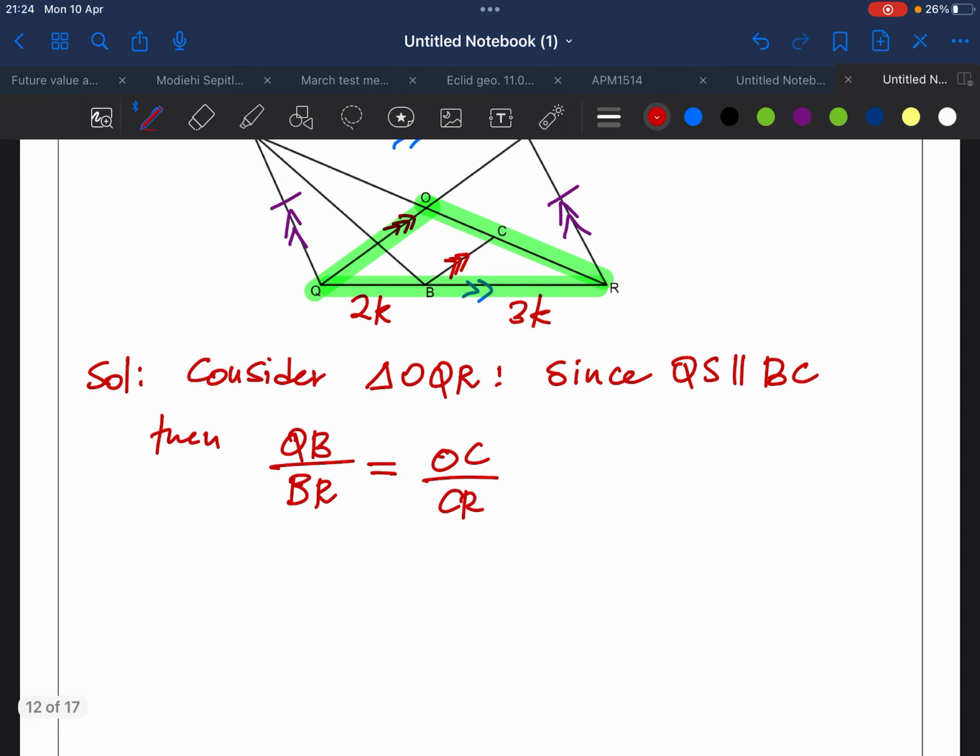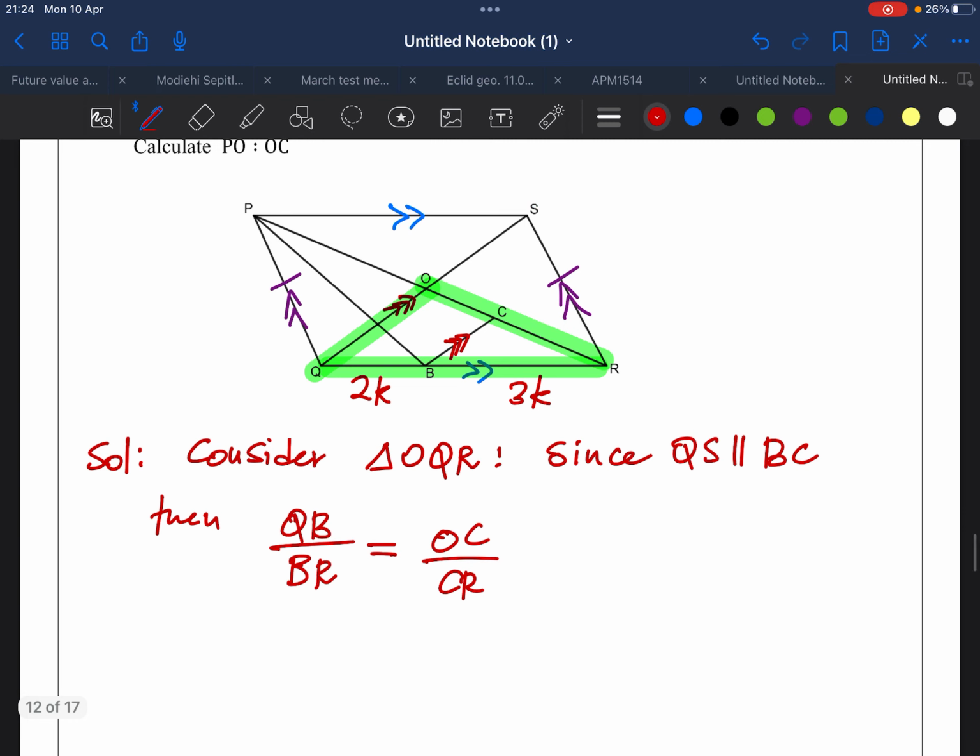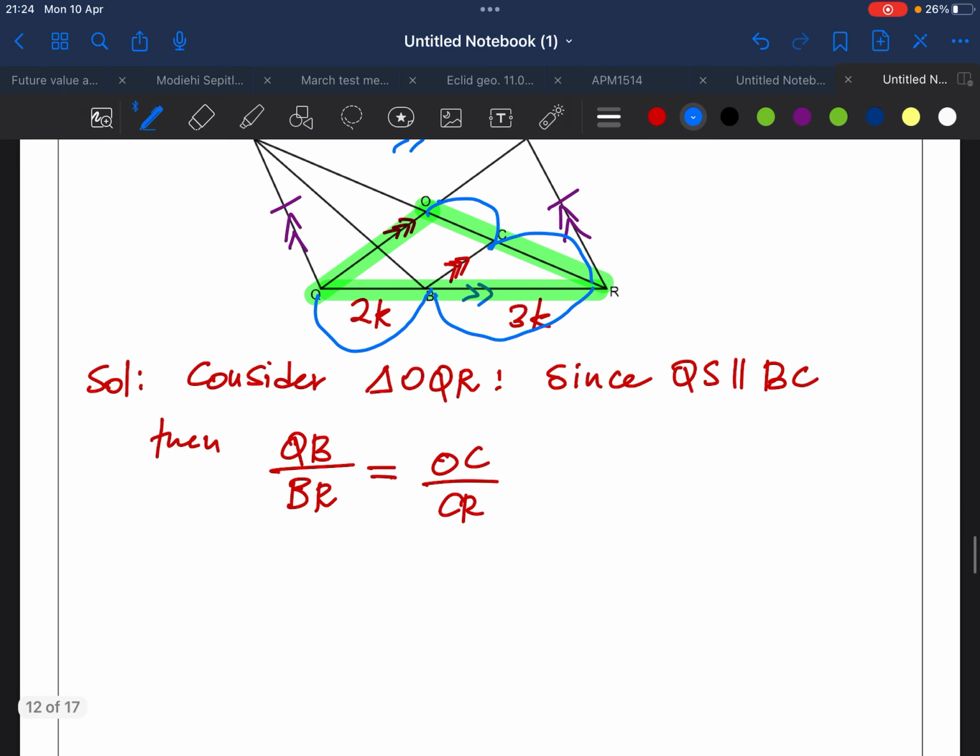Okay, so now let us check that one. From the sketch we see that QB over BR is equivalent to OC over CR there. So that's our proportionality theorem.